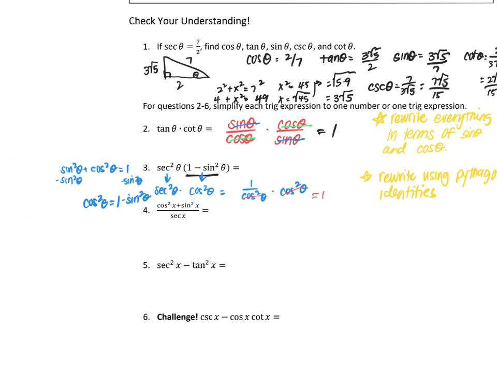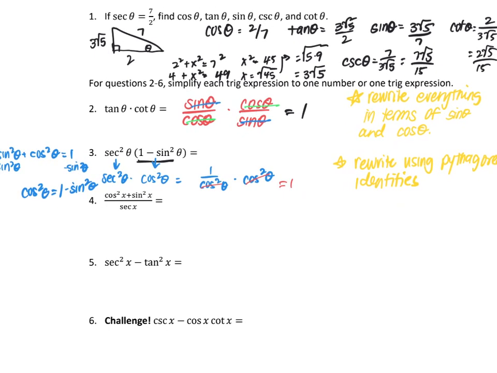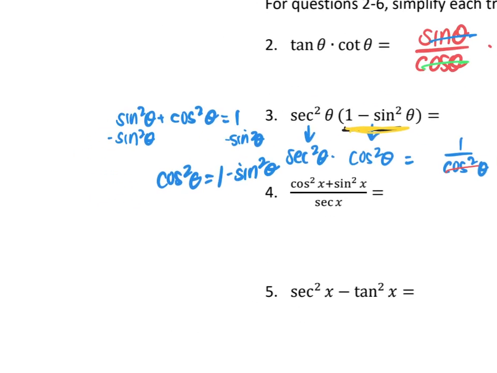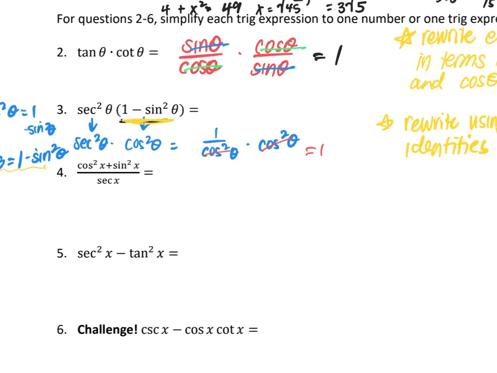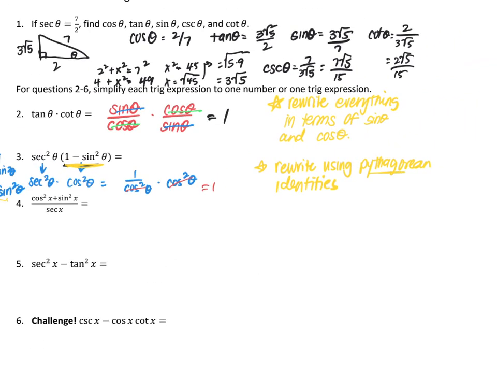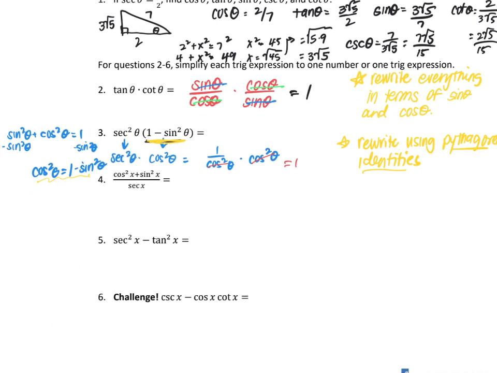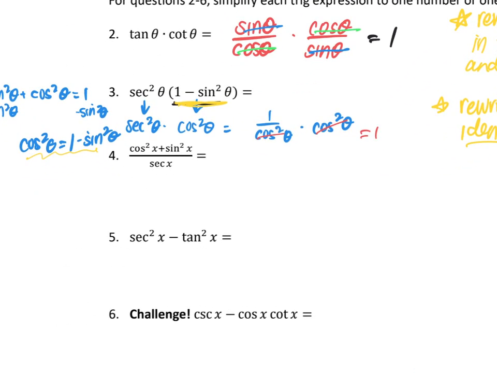And sometimes it's hidden, right? This didn't exactly look like a Pythagorean identity. We had to change our Pythagorean identity around a little bit to get exactly what we wanted. But we did use a Pythagorean identity. All right, next, this one, the Pythagorean identity is right there. It's not really hidden at all.